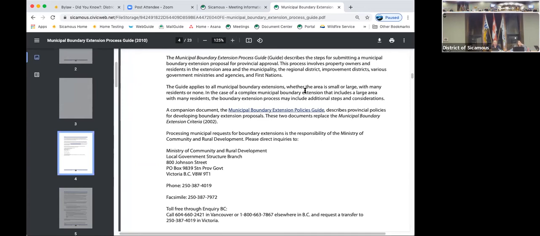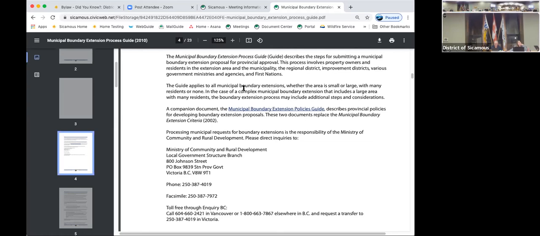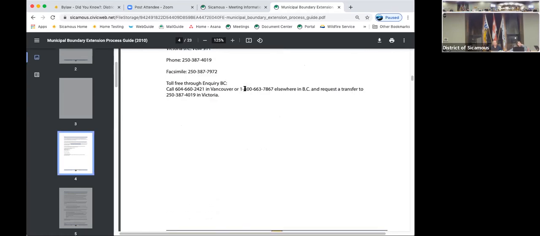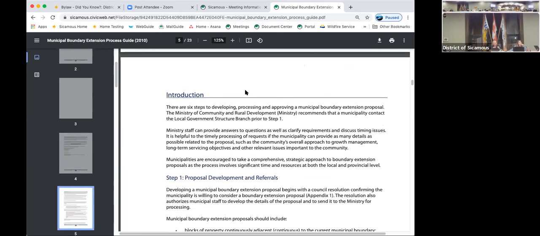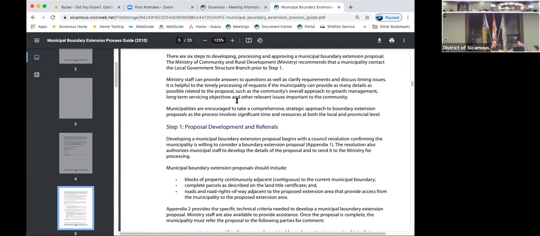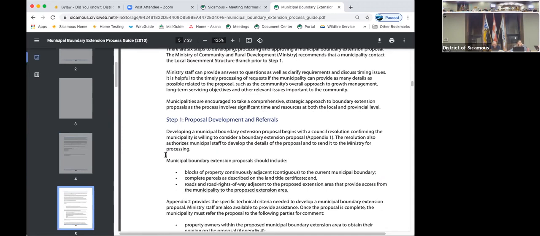Up here, page 4. Keep it down a little bit more, bring it this way, keep going. All right, so right here. You know what, I'll just wait.